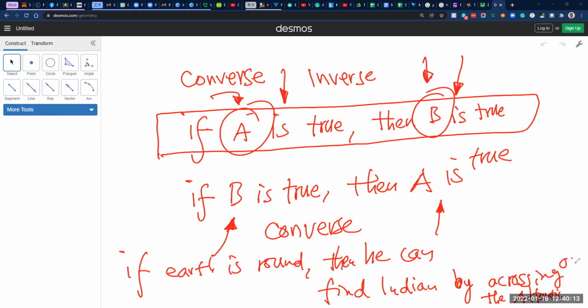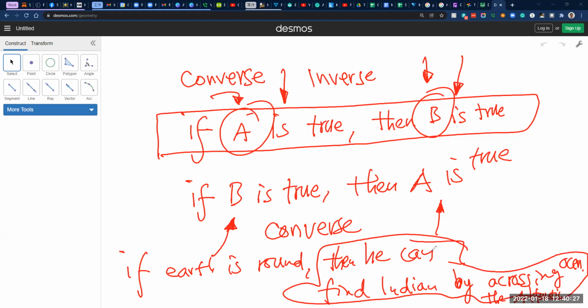Now, what's the converse of this? The converse is, if you can find India in the opposite direction, then the Earth must be round, right? Do you see the difference between a statement and a converse?